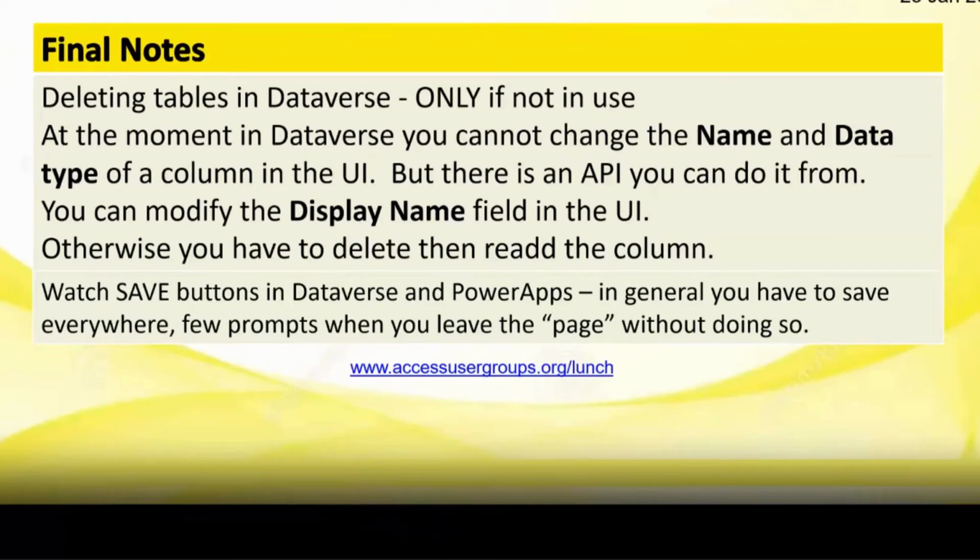Apparently there's an API out there that you can change the data type from right now, and it's going to be in the UI at some point, but it is not available right now from the UI. You can change the display name though. Otherwise, if you really want to change the data type, you have to delete it and re-add the column from the UI.